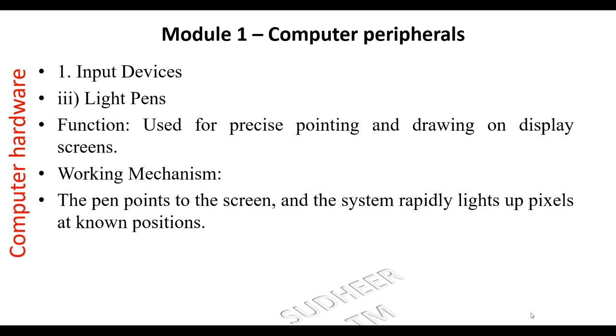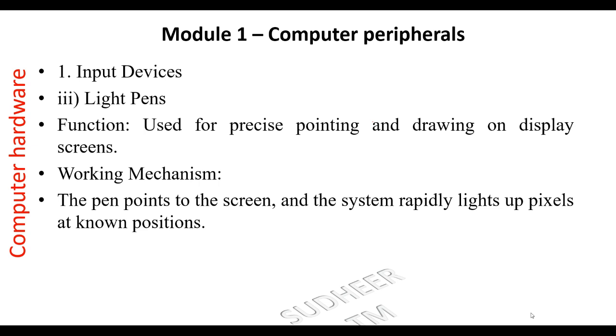So that is what is called an electrical light pen. So the pen points to the screen and the system rapidly lights up pixels at a known position. So if I put my pen beam of light over here, this pixel will be energized, producing some electrical pulses. Those pulses will go back to the board behind the screen.